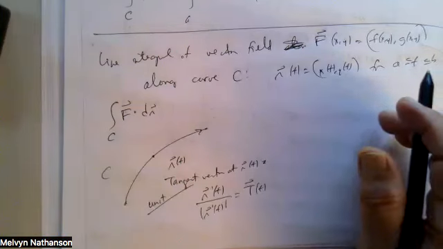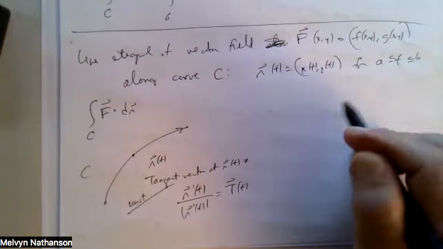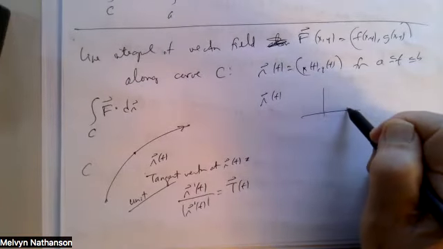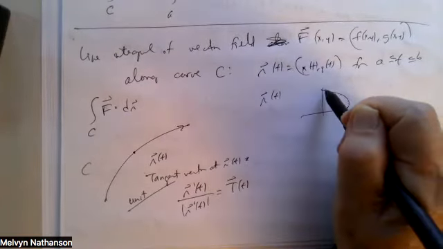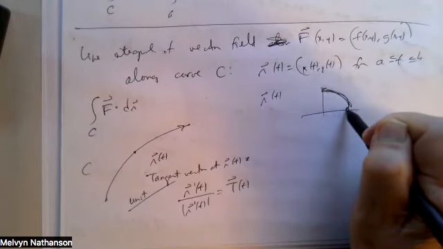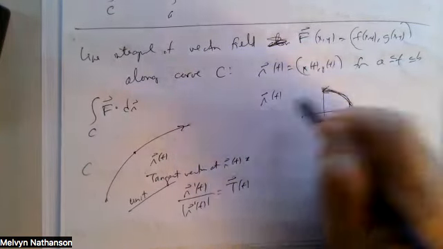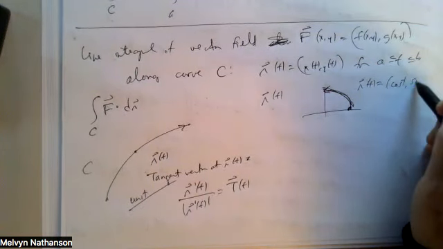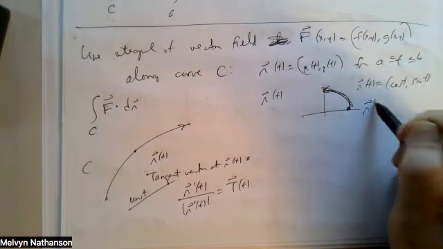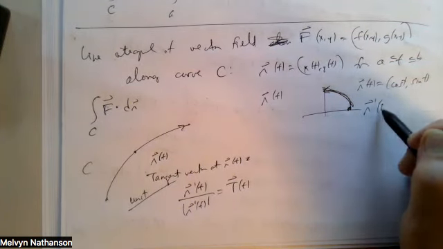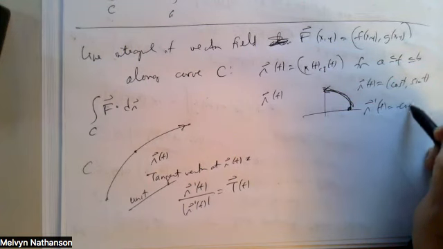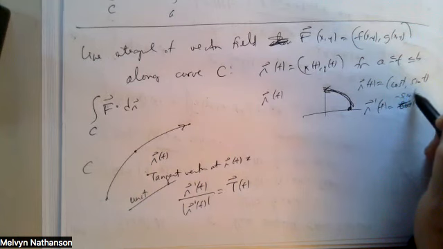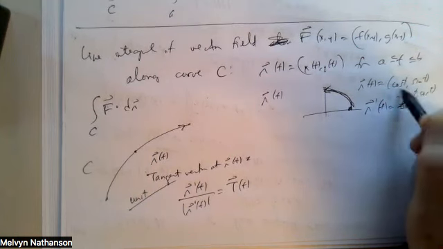Let's take a simple example. Suppose r of t, we just take the first quarter of the unit circle. So r of t is given by cosine t, sine t. Its derivative is minus sine t, cosine t.